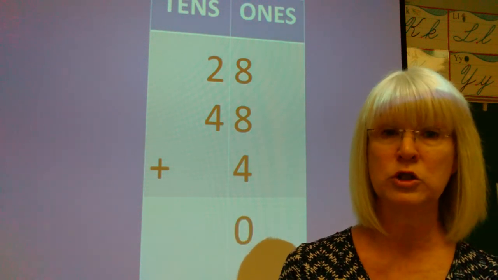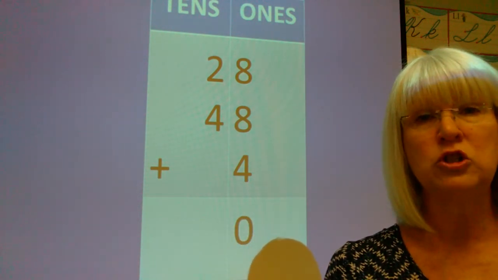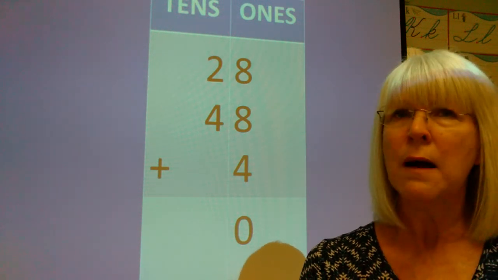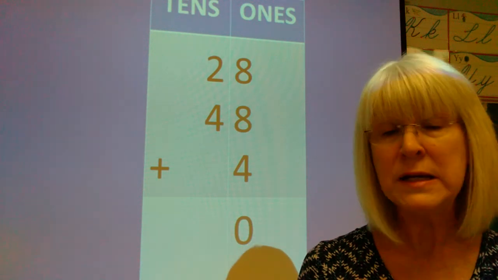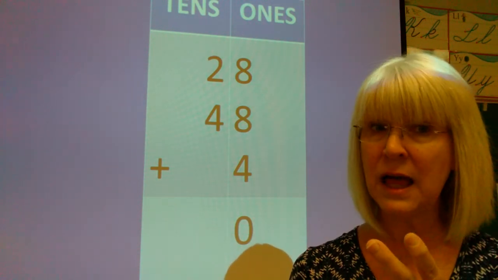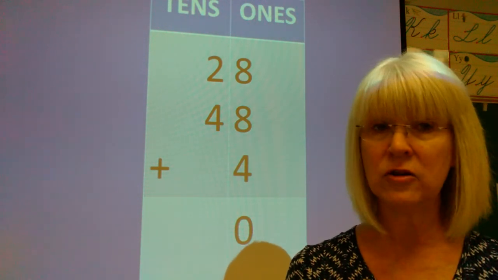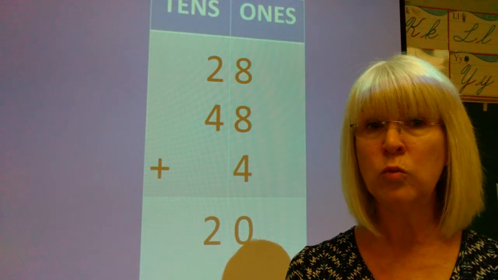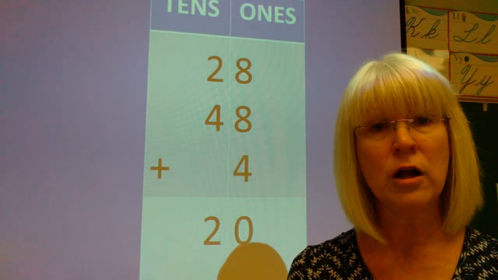And if you were doing this right, the 0 would go in the ones place, and then what would you do with the 2? So I'm doing this as an example to show you that you're not always going to be carrying a 1. Because if it's 2 tens, like 8 plus 8 plus 4 equals 20, then you're actually going to be carrying a 2. All right, you won't have one this hard today, but does the 2 go there?